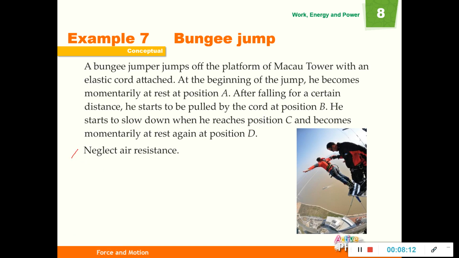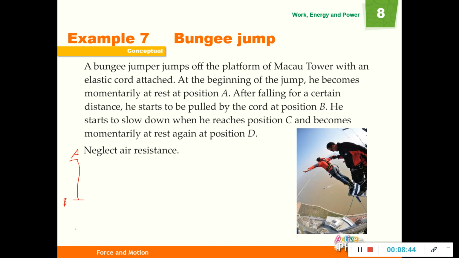Initial point A, the string should be loosened until position B. This one will be the length of the string, B, and he starts to slow down because the string will provide upward tension to make it balance the weight.